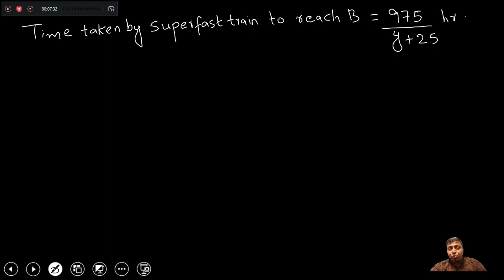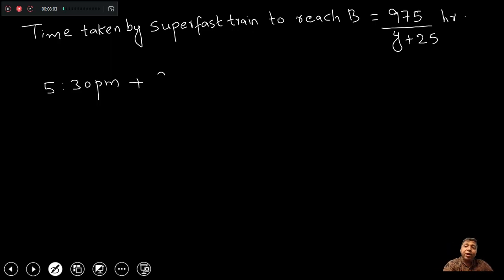Now comes the most important and interesting part. I'm going to form an equation, and that is what students find challenging. So please observe carefully. They have said that the superfast train leaves at 5:30, sorry, passenger train leaves at 5:30 p.m. And to this, I'm adding the total time taken by the passenger train.